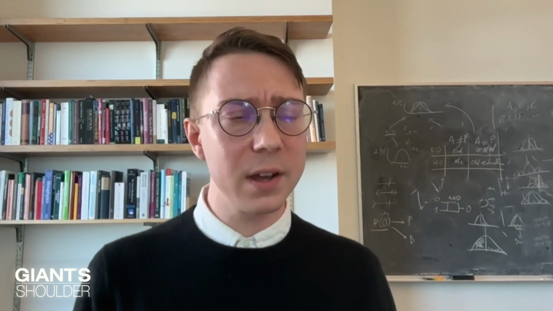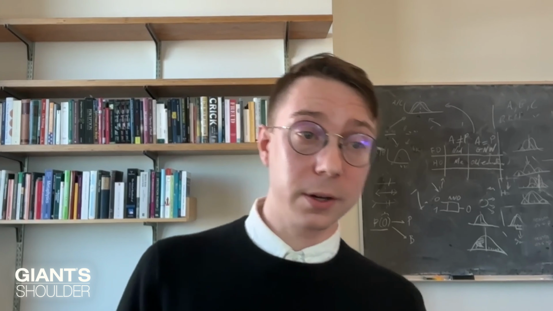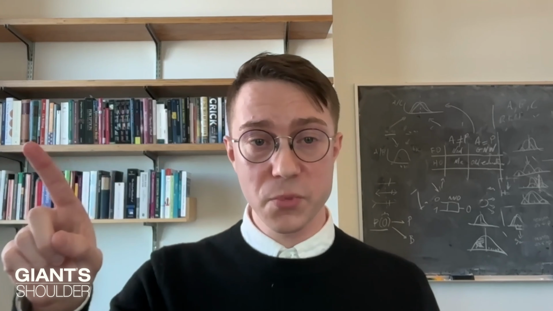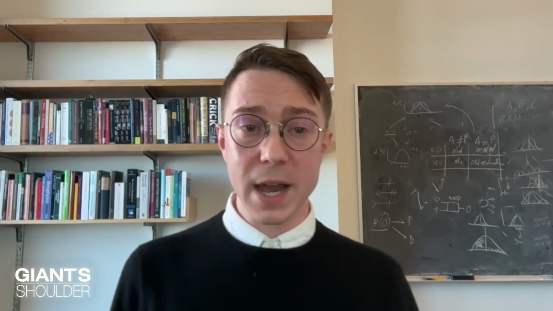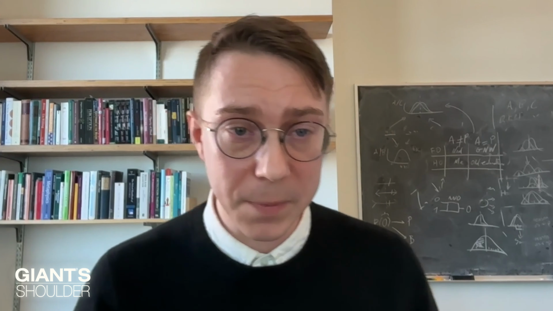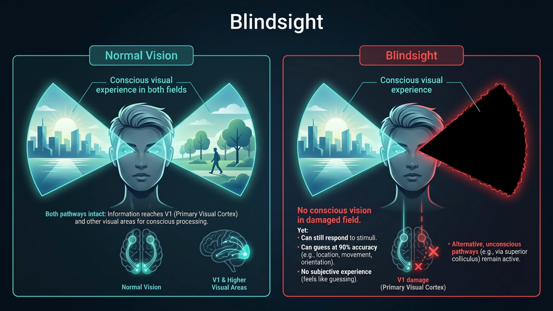Right. And then there's the issue of what are the criteria for assessing consciousness. In some cases, what they say is, look, the person is going to follow your finger with their eyes as you move it. But we know that this is something that can be done totally unconsciously, right? So, for example, if you look at blindsight patients, the best example might be Helen, who was a blindsight monkey.